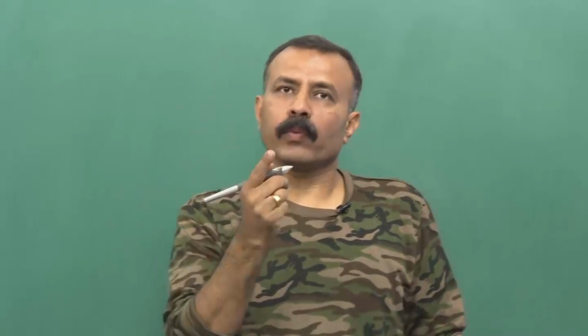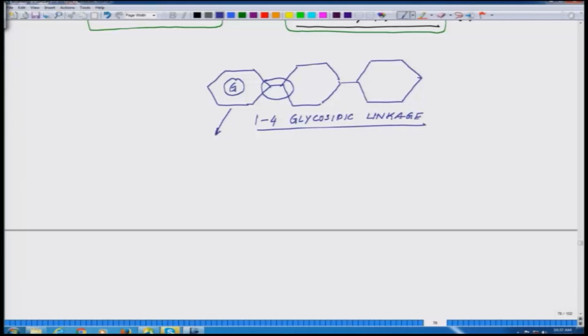Yet there is another way it can form, which forms between two different chains. Say for example, if I represent this as one single chain like this, and there is another chain like this, and between the two chains there are linkages which are called 1,6 glycosidic linkages.